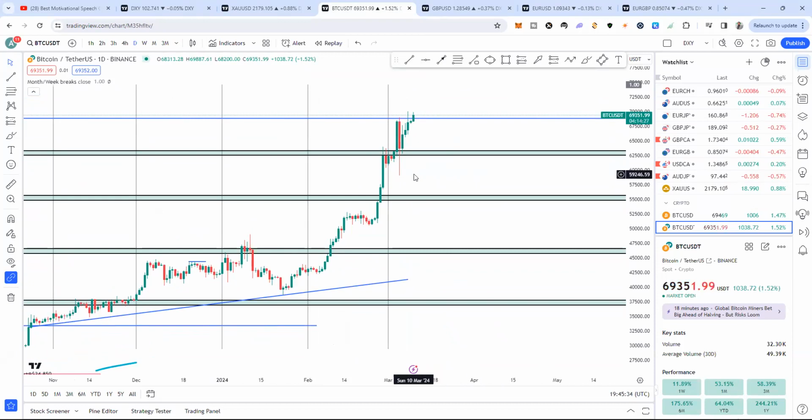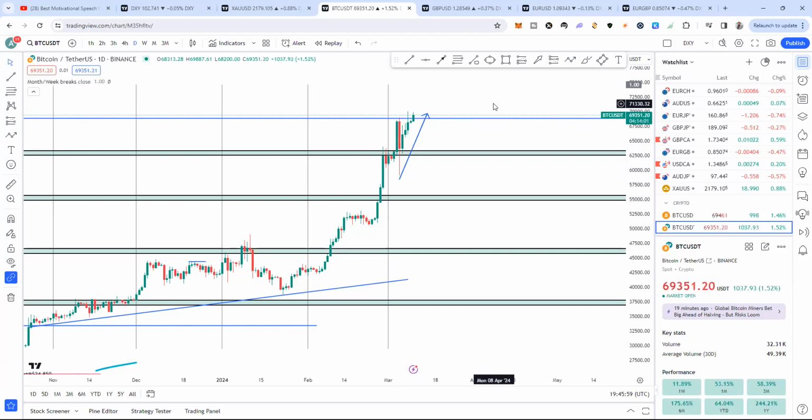Next month is Bitcoin halving, and we didn't have any crash. Normally, during Bitcoin halving, price will not even go near the all-time high. This is the first time in history that Bitcoin is breaking the all-time high before the halving.